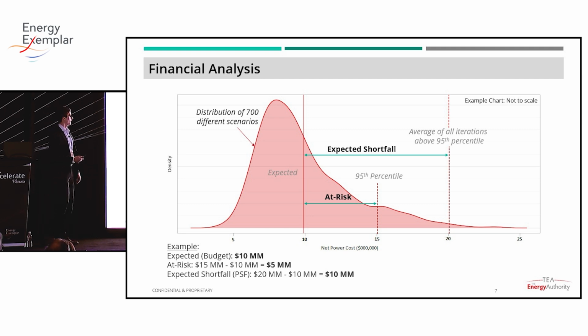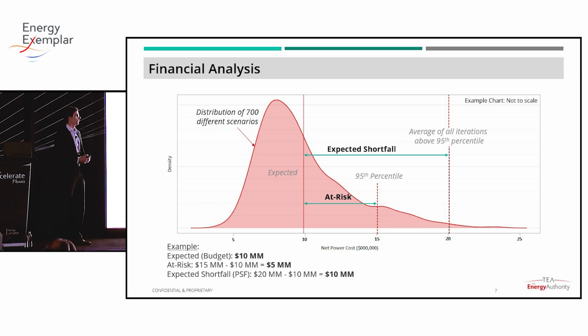Not only are we looking for what is the expected power cost, which we help utilities utilize for budgeting purposes, but also we want to understand what our 95th percentile outcome is for these net power costs. The metric net power costs includes things like generation costs, load purchase costs, as well as any generation revenues for utilities operating in an ISO.